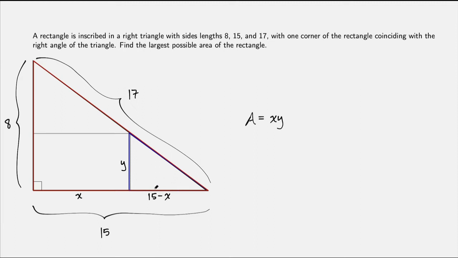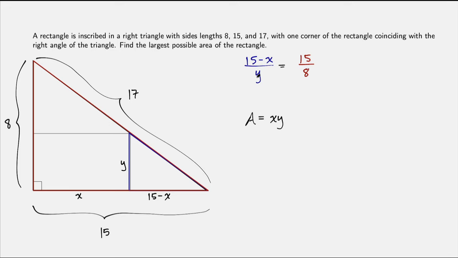I'm going to take this length down here for the smaller triangle, 15 minus x, divided by the height of that triangle, y. And that's going to equal, for the larger triangle, the length down here is 15, and the height of that larger triangle is 8.